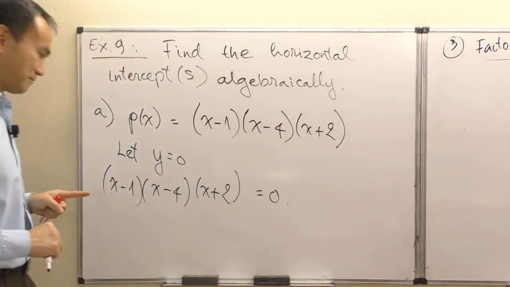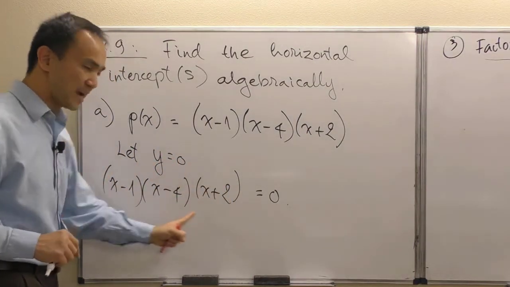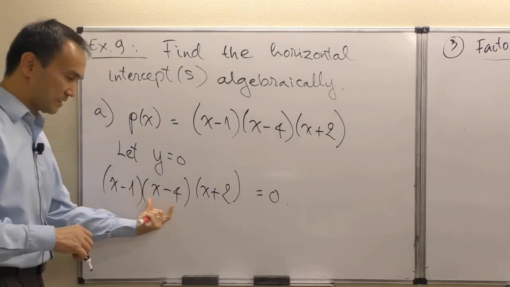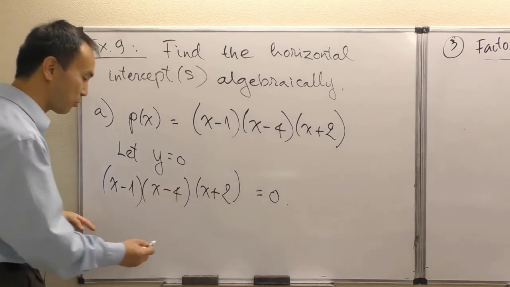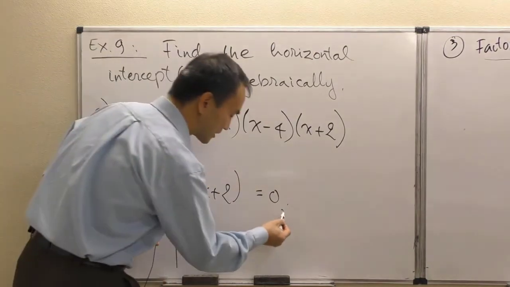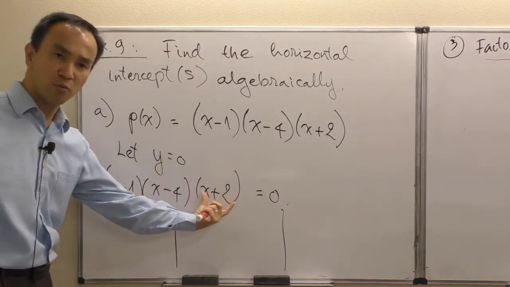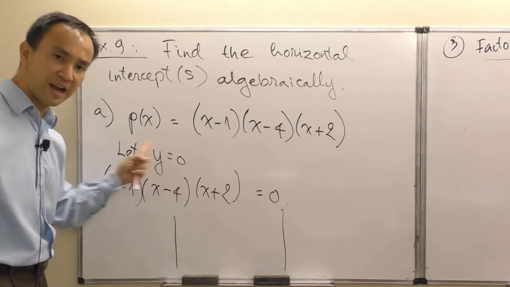Once you are setting this factor product equal to 0, each one of these is a linear factor. In that way, we produce 3 separate little equations, where each one comes from one of the linear factors in our overall product.